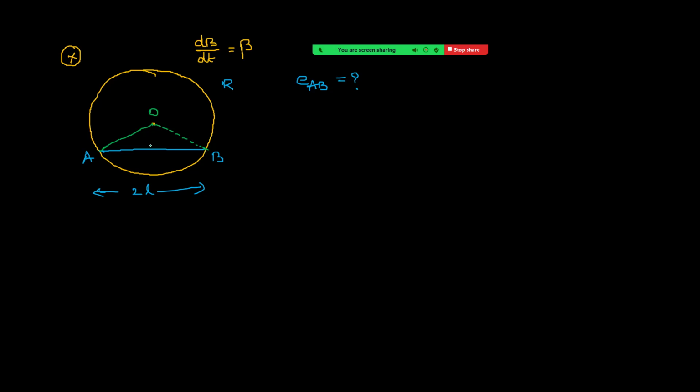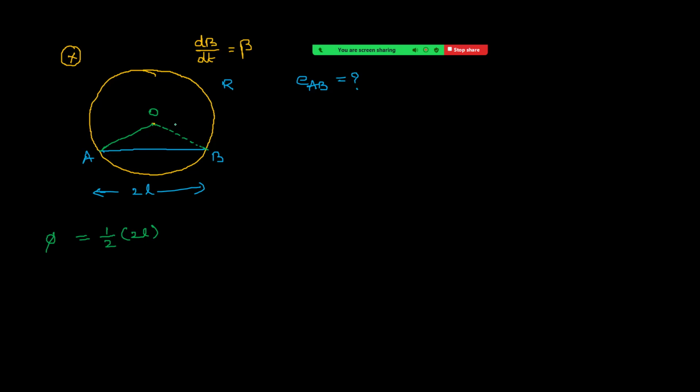Okay. Now see, through this triangle OAB, in this loop, the rate of change of flux. See how to calculate that. First of all, I'm focusing on flux. Flux through that loop OAB. First of all, area is half base into height, right?